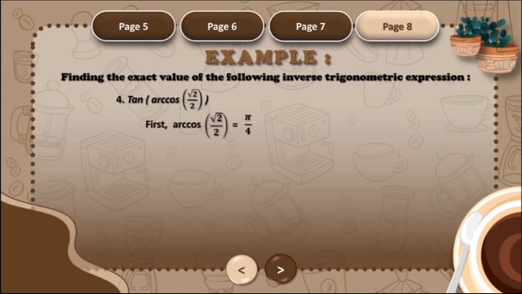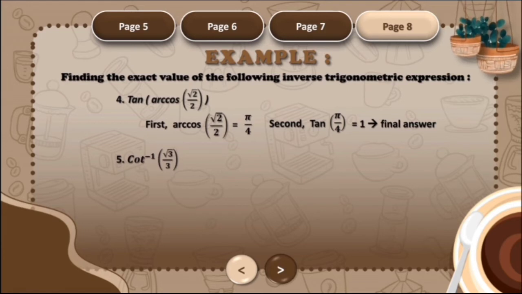After that, you can now derive the whole equation. So that makes us move to the second step. And that would be tangent times the quantity of pi over 4, and your answer would be a whole number 1. Was that clear? Now if it's clear, let us move on to the last example.